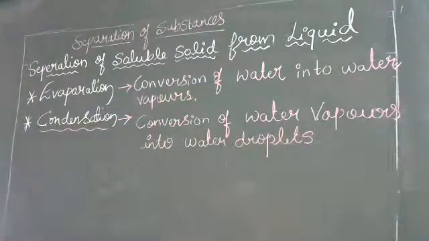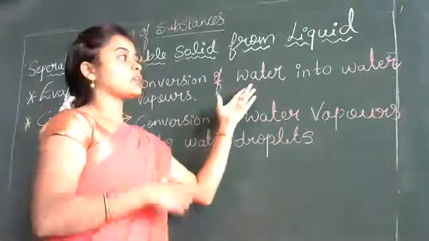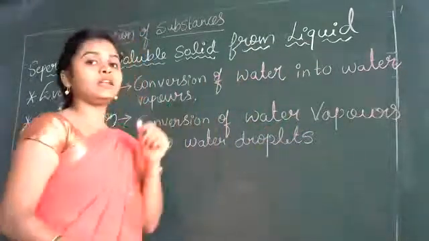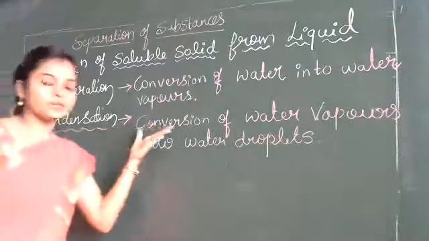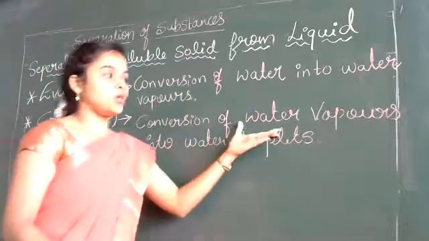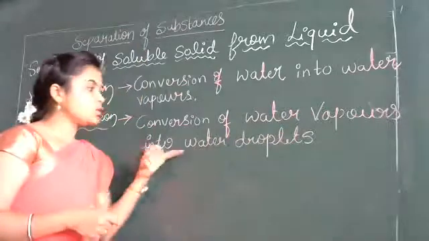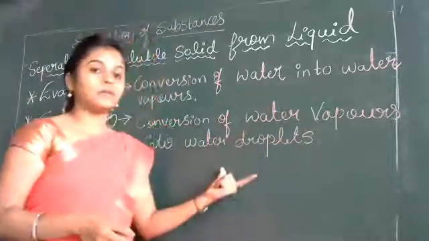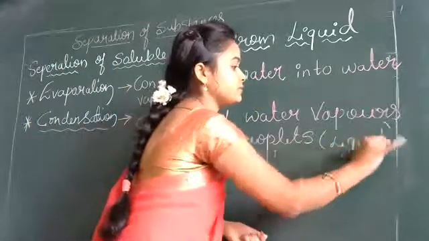Understood? So evaporation is the process of conversion of liquid or water into the vapors of that particular liquid. Next, condensation. Condensation is a process where water or any liquid's vapors are converted into droplets. The vapors we are again getting back in the form of liquid.